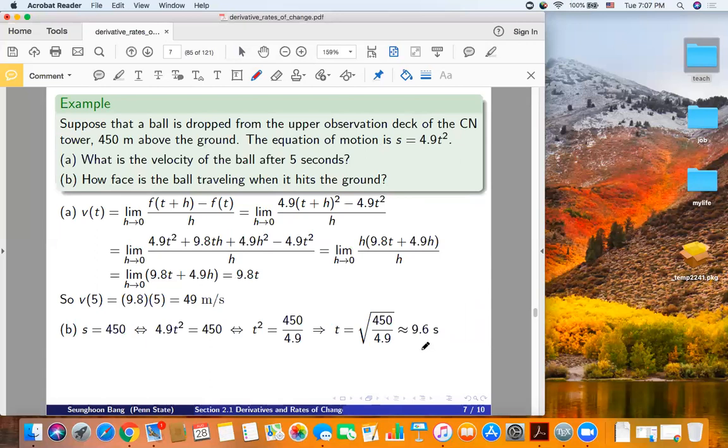Next, you can plug this time t into the velocity. So the velocity of the ball as it hits the ground is v equals 9.8 times the square root of 450 over 4.9.